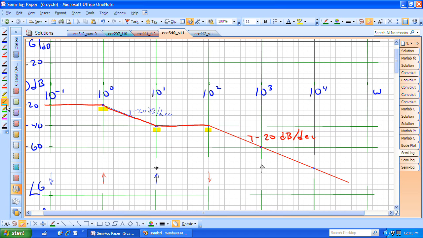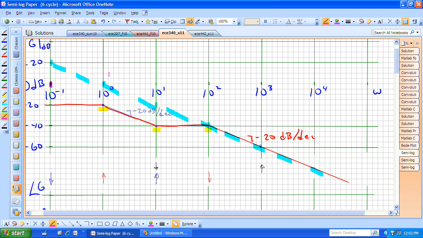What I want to do now is show that really this particular pole at the origin is going to cause my system to experience a new change in that we're now adding everywhere this slope of minus 20 dB per decade, which means that if we add that plus 20 to minus 20, we are now effectively starting right there at a frequency of 1.